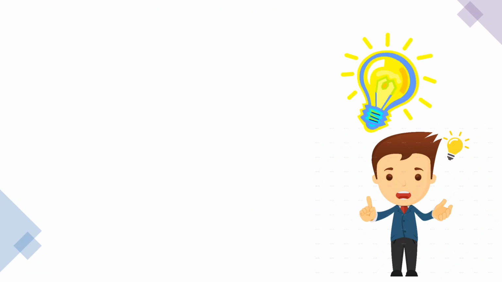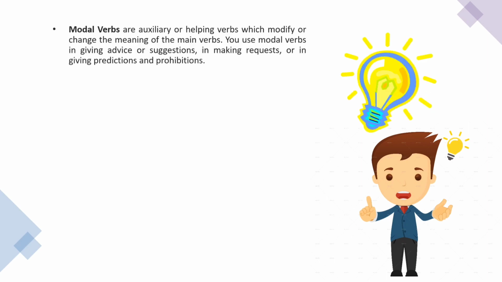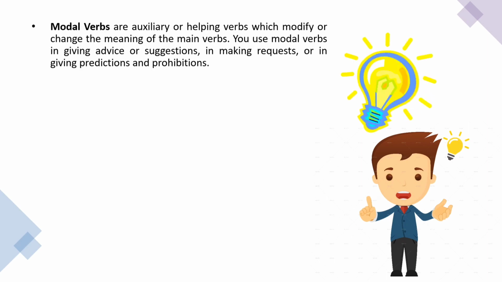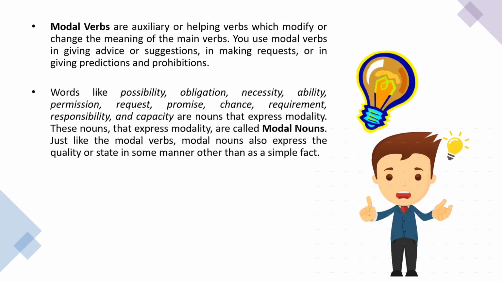I believe that you're all familiar with the 3 types of modals. So to sum it up, let's take note of these. Modal verbs are auxiliary or helping verbs which modify or change the meaning of the main verbs. You use modal verbs in giving advice or suggestions, in making requests, or in giving predictions and prohibitions.